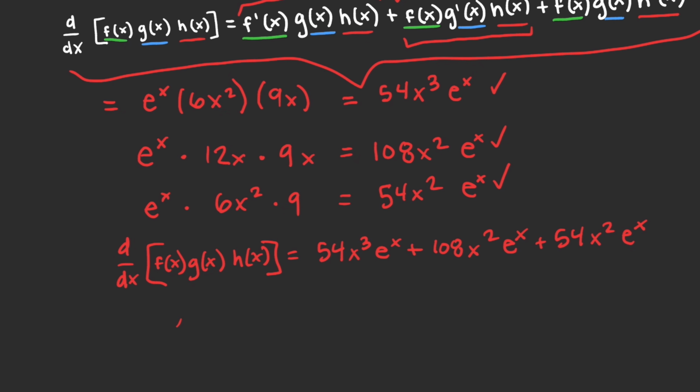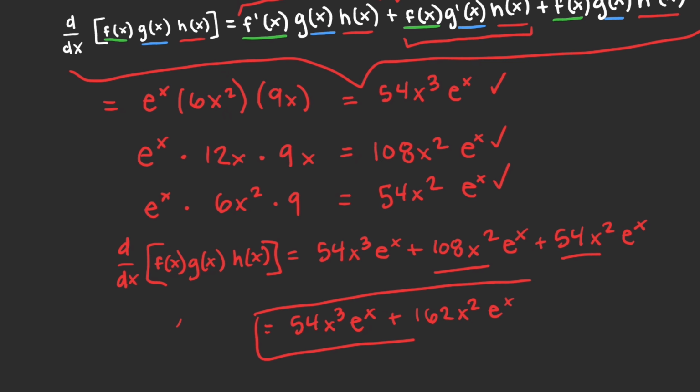And you have like terms right here, so you could simplify that further. So you would have 54x cubed e to the x plus 162x squared e to the x. That would be the final answer for this one.